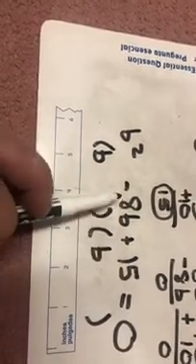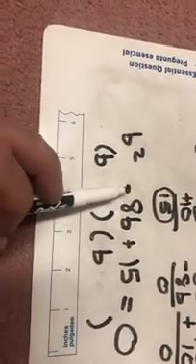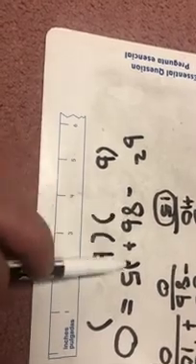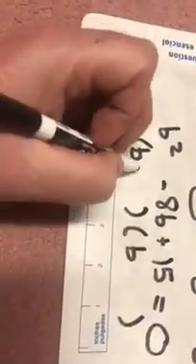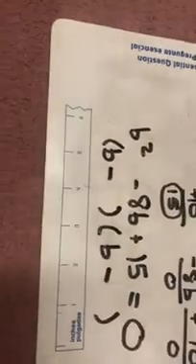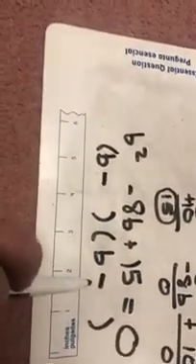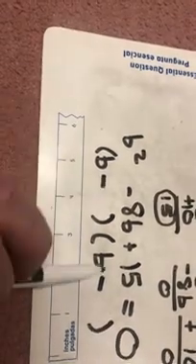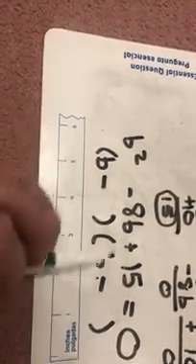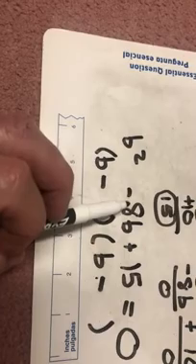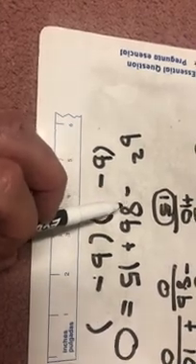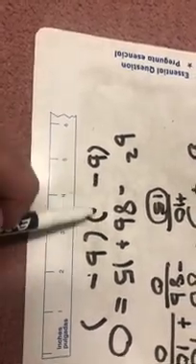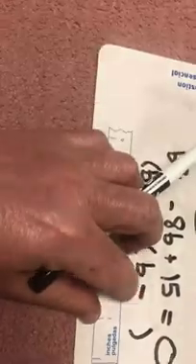Since when I'm adding them I need a negative 8, common logic should tell me that I'm going to need two negative numbers, because a negative and a negative makes a positive. So this either has to be a negative and a negative or a positive and a positive. But I have to get a negative answer when I add, and I'm not going to get a negative answer if these are both positive. So they both have to be negative.